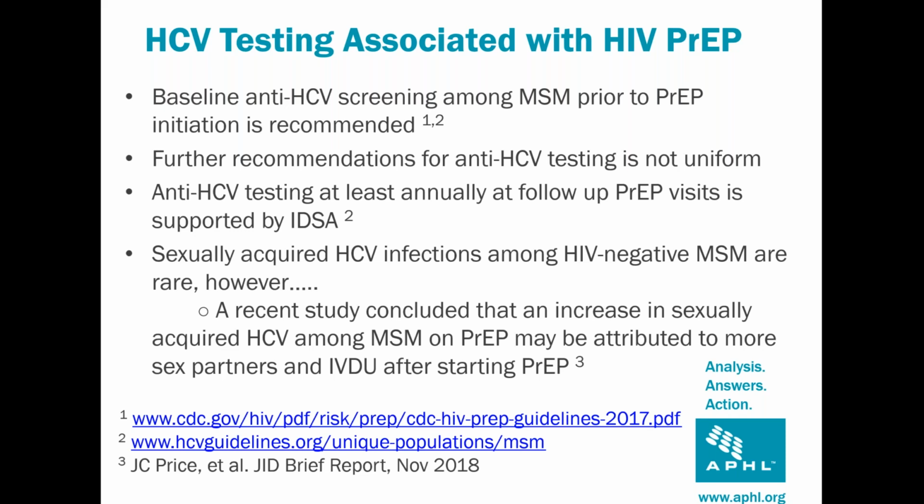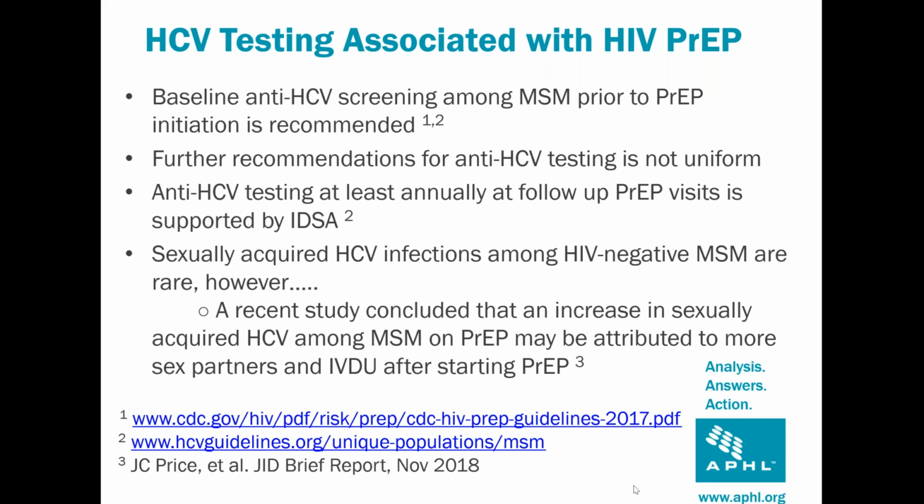And recently there was a study in the Journal of Infectious Diseases, and it's cited here. We know that sexually acquired HCV infections among HIV negative MSM are rare. However, in this study, they concluded that an increase in sexually acquired HCV among MSM on PrEP may be attributed to more sex partners and more IVDU use after starting PrEP.